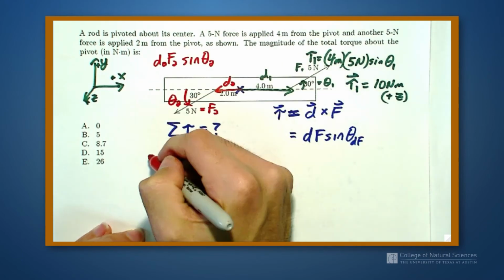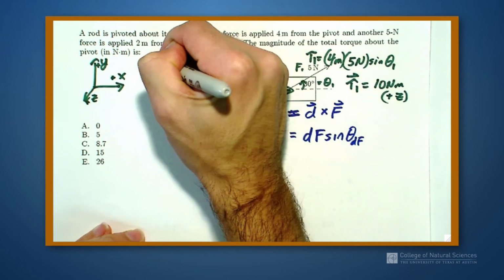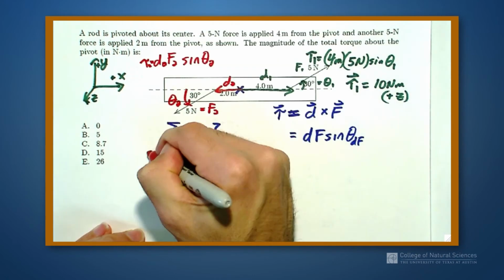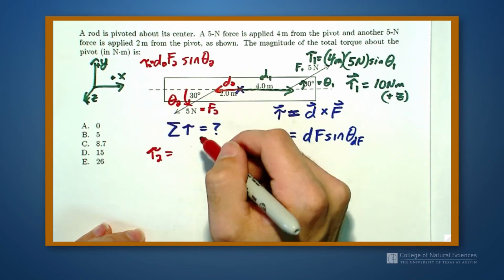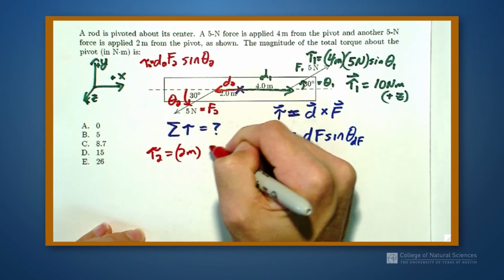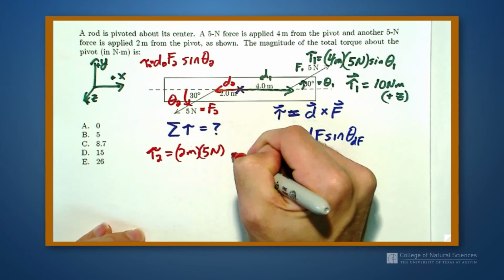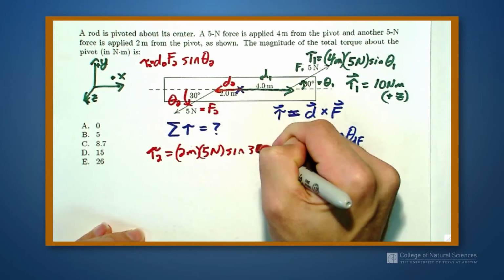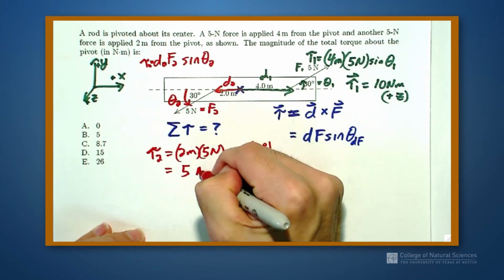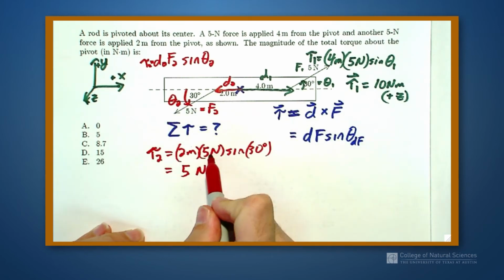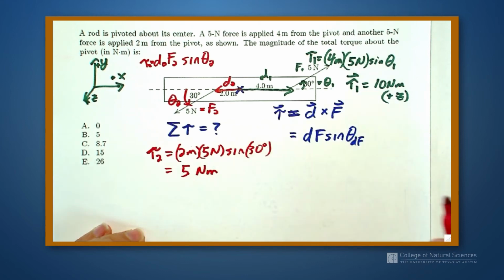So when I work this out, tau 2 is equal to 2 meters times 5 newtons times the sine of 30 degrees again. So this is equal to 5 Newton meters. 2 times 5 is 10, times 1/2 gives me 5.